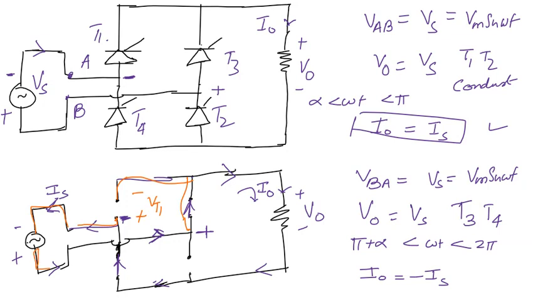If you draw the diagram, I can write VT1 is minus Vs. In the previous problem, it was experiencing 2 Vs. Now it is experiencing just Vs. So each thyristor peak inverse voltage rating is lowered.